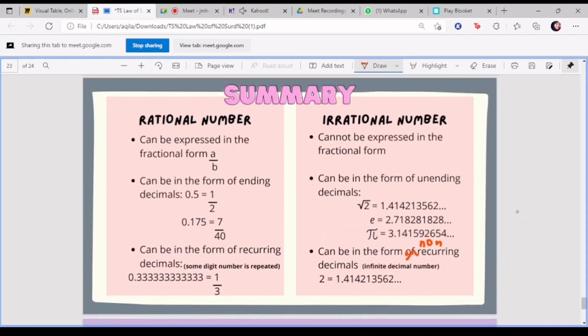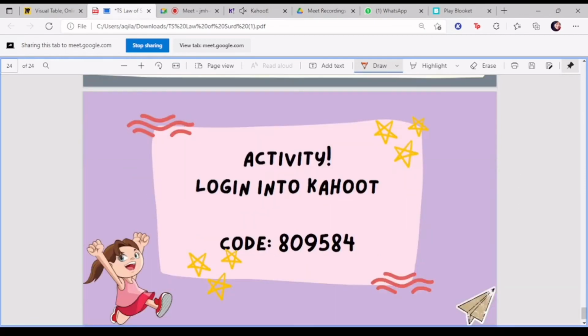Before we end our class today, I would like to take attendance by having you participate in this activity. So this will be your attendance today. I want you to log into your Kahoot, and this is the code for the Kahoot activity.